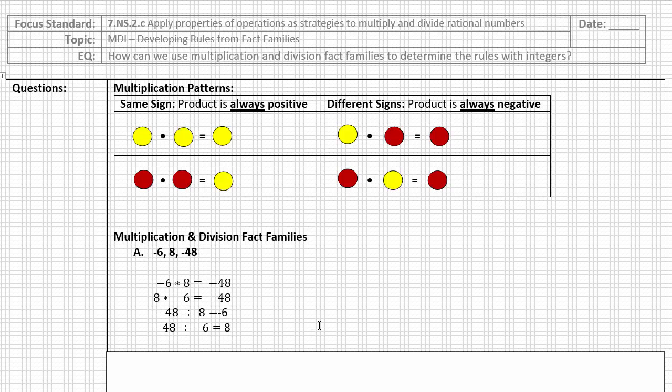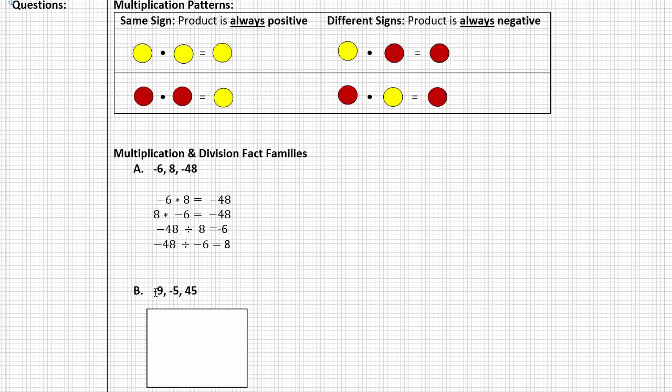Let's try another one. Here we have the fact family for -9, -5, and 45. Once again, because we're more comfortable with multiplication, let's start there. How would we complete these two multiplication problems? -9 times -5 equals, and we're trying to figure out what that would be, and the reverse of those two factors, -5 times -9.